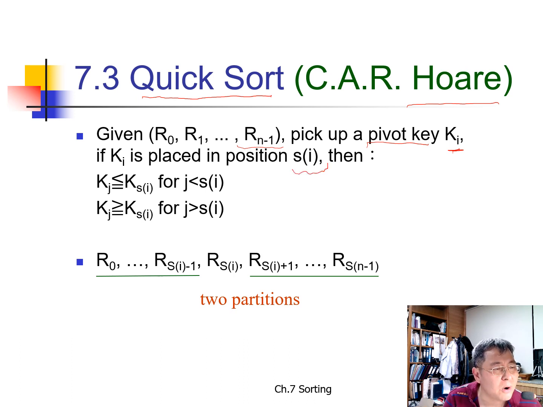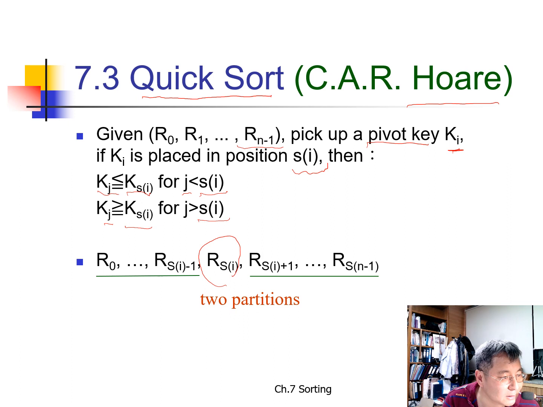Then all of the data with index smaller than Si has key values smaller than Ksi, and the data with index greater than Si has key values greater than Ksi. So that means this RSi is the pivot key record.